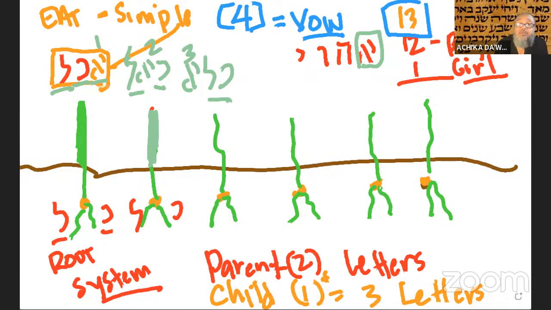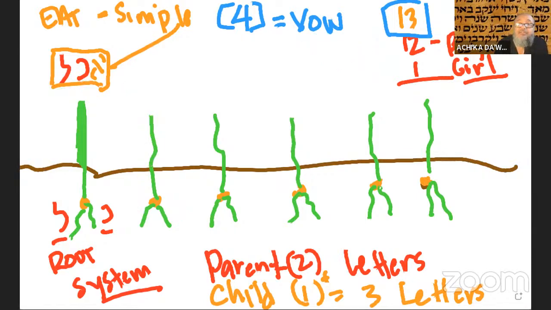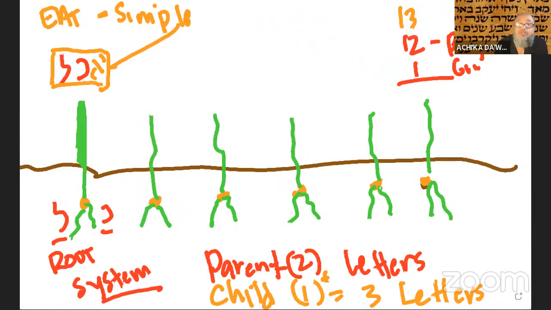Now that we got that, let me move this over here. Let me clean this up very quick. And that's just an aleph. Get rid of this right quick. All right. Aleph.